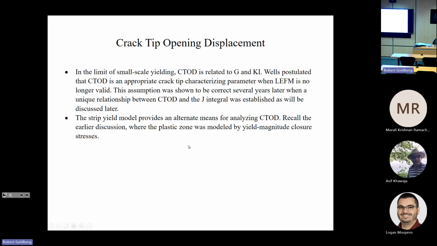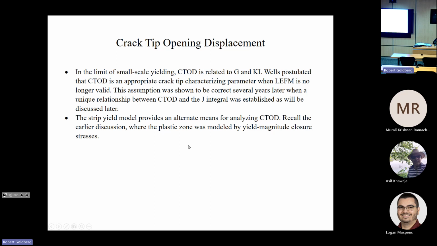And we'll dive into this a bit more. And this assumption was shown to be correct when a unique relationship between the crack tip opening displacement and the J integral that we'll talk about later was established. So this is based on the Irwin model.